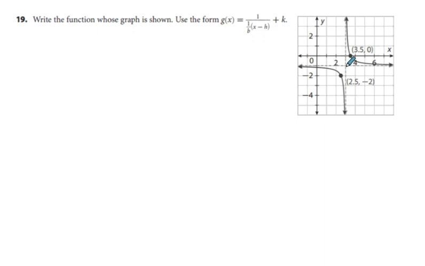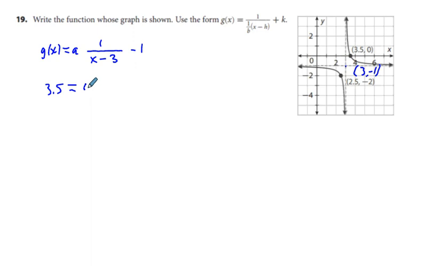The center is going to be at the point 3 comma negative 1. And so writing that out, we have g of x equals a times 1 over x minus 3, and we have minus 1 on the outside. And now taking the point 3.5 comma 0, let's put that in place.